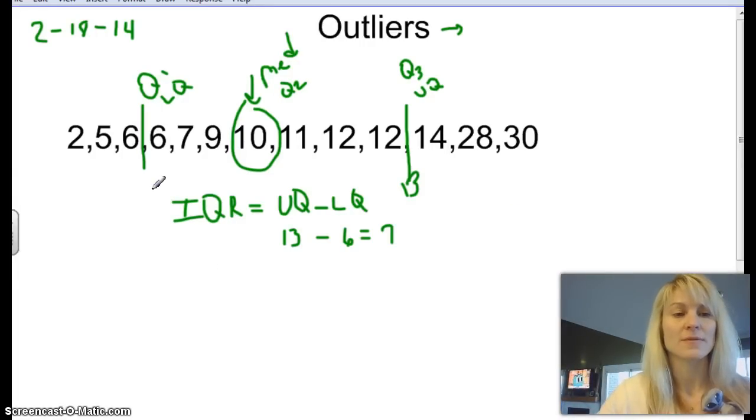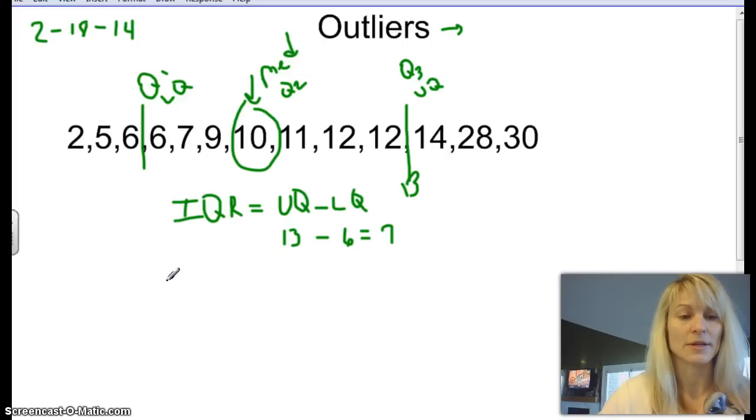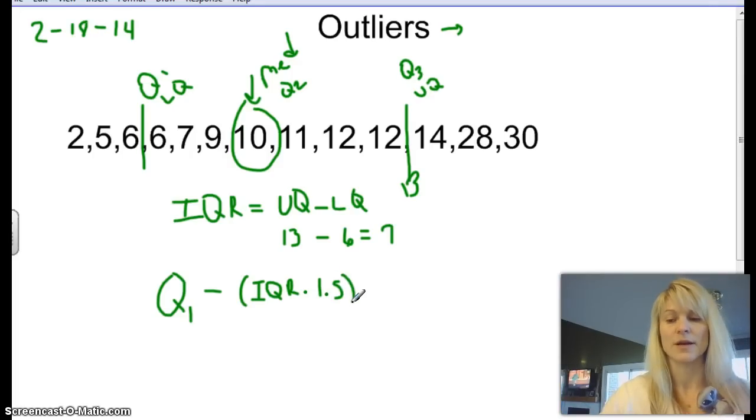And so then to find if this right here is an outlier, the formula for finding an outlier is taking our Q1, or our lower quartile, and subtracting it from our interquartile range times 1.5. Okay, so that's to find the lower outlier.